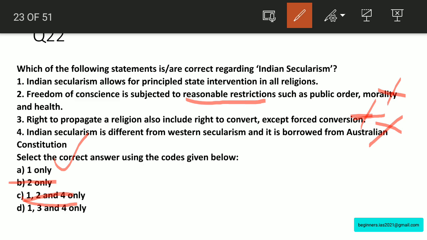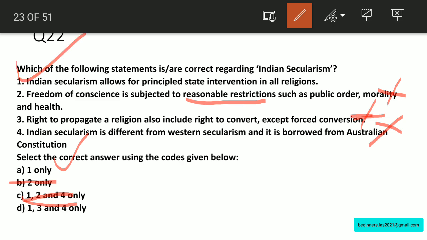And also one has to note that the Indian Constitution bans untouchability. The Indian state also enacted several laws abolishing child marriage and lifting the taboo on intercaste marriage in Hinduism. So therefore, statement number 1 is right.